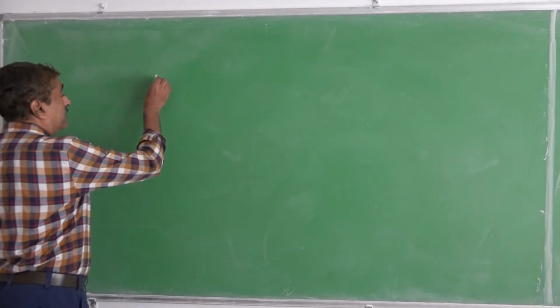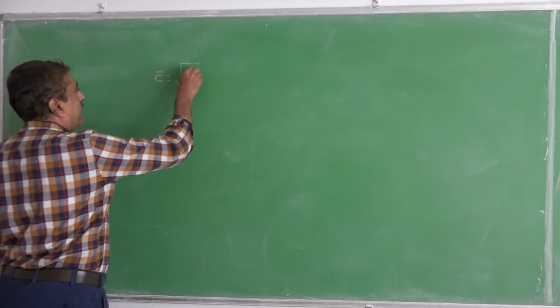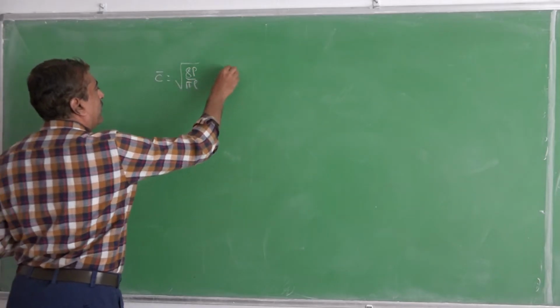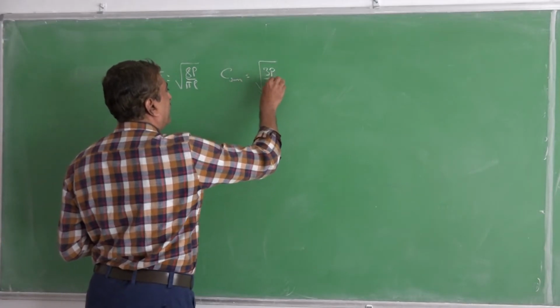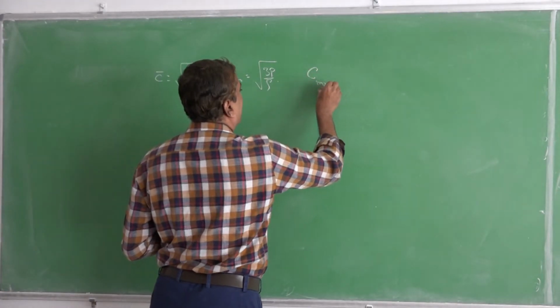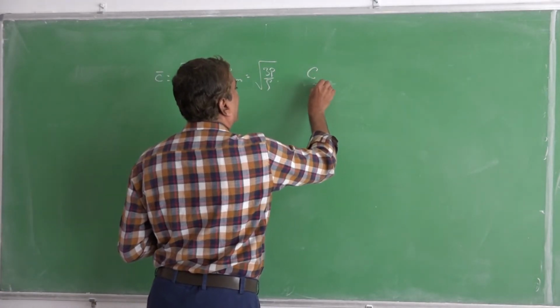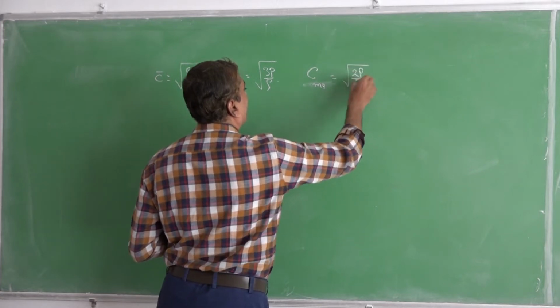The relation is: average velocity can be written as square root of 8P by pi rho, and RMS velocity is given as square root of 3P by rho, where rho is the density, and most probable velocity is square root of 2P by rho. You remember this one.